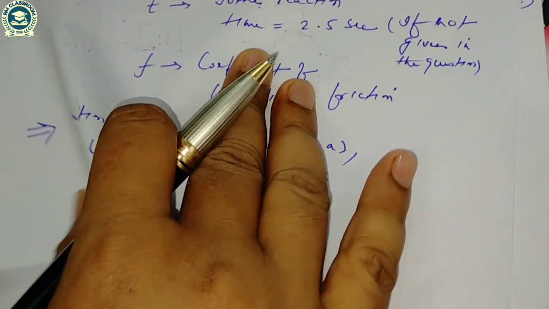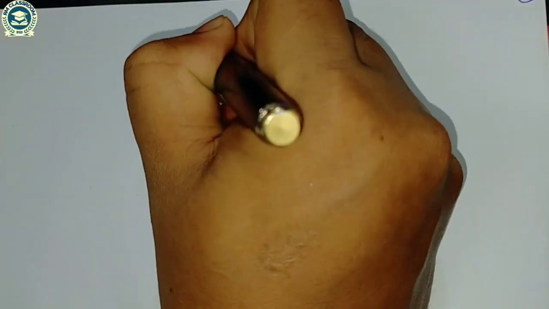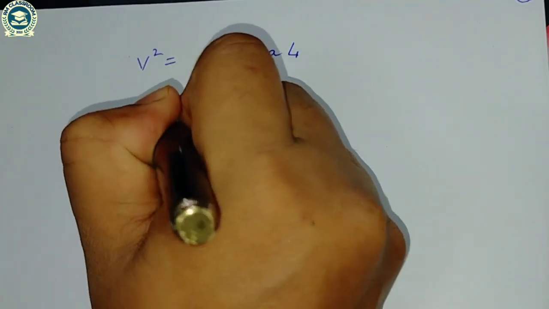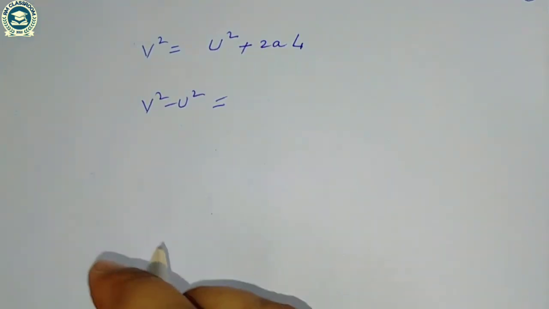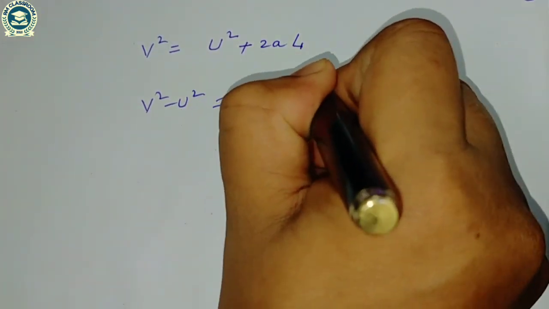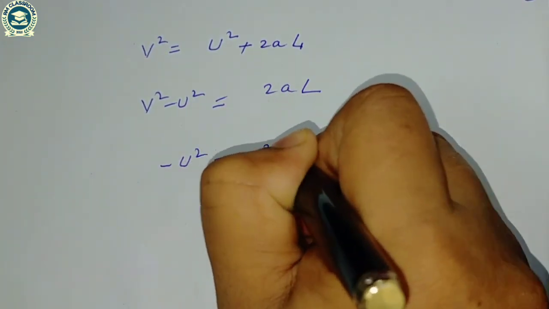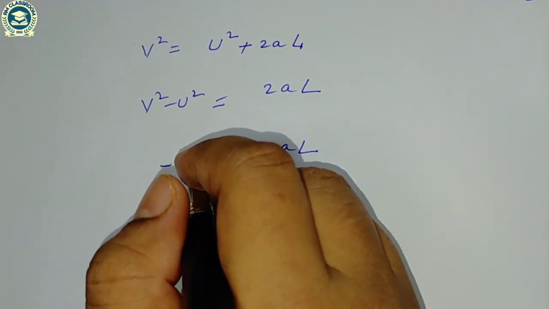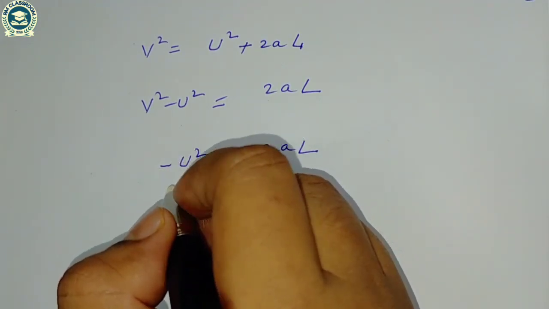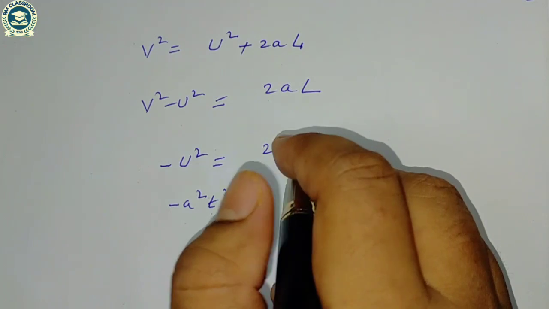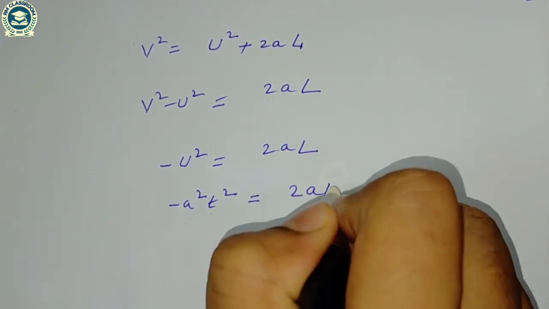We also know that v square is equal to u square plus 2aS, here S is L, so v square minus u square is equal to 2aL, and v is 0 means minus u square is equal to 2aL.